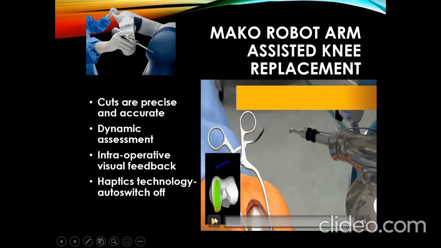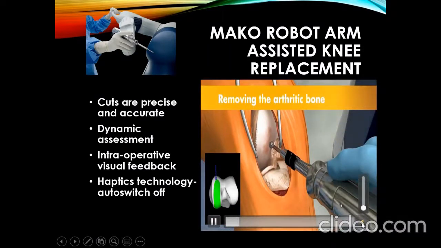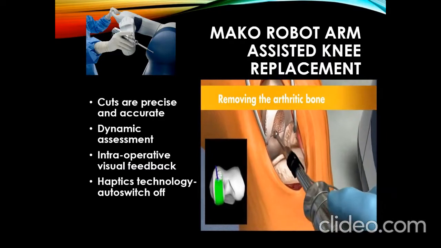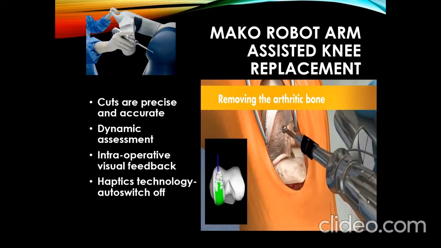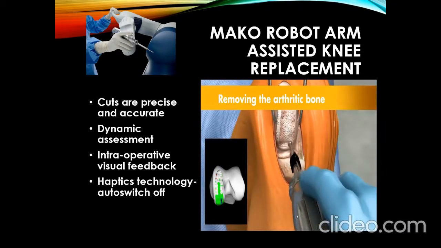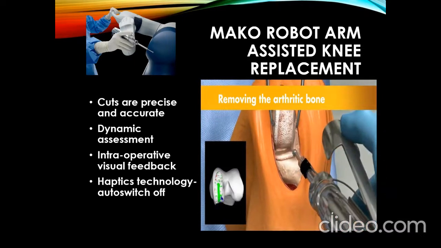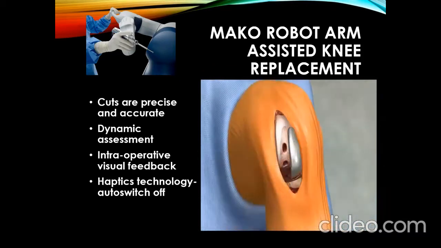These cuts are precise to fractions of millimeters. It also allows the surgeon to fine-tune the operation. What you see on the bottom left here is a virtual boundary, so the surgeon is not able to take more bone than was planned during the pre-planning stage.